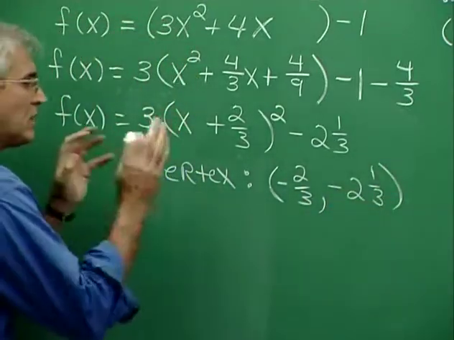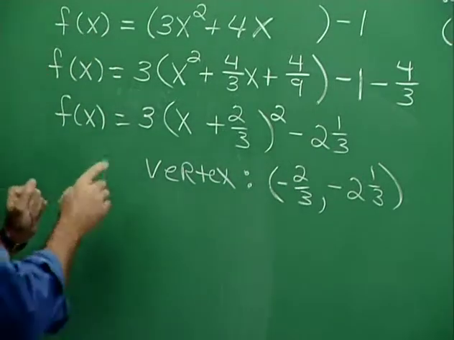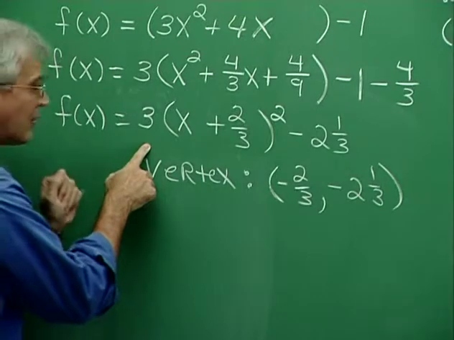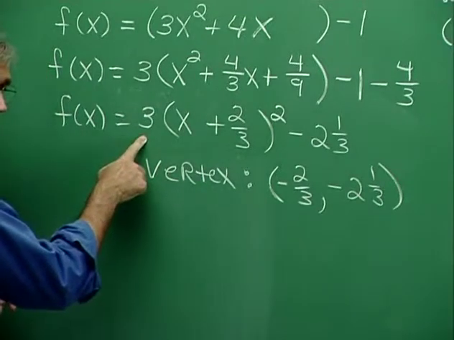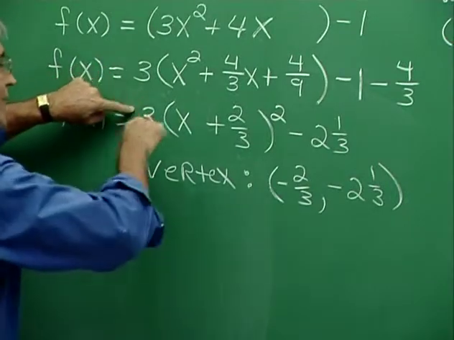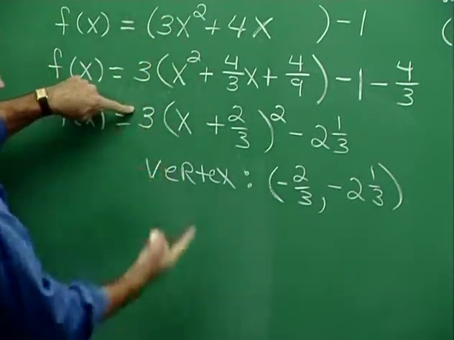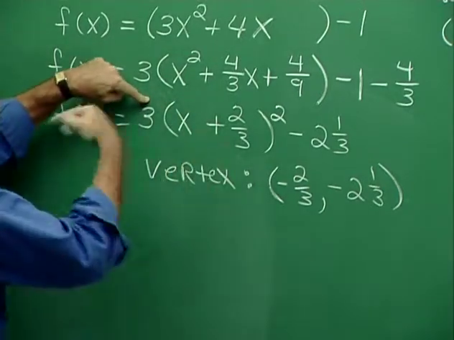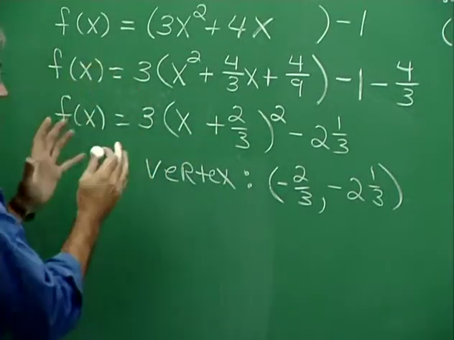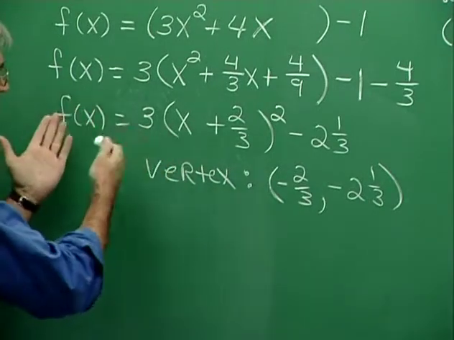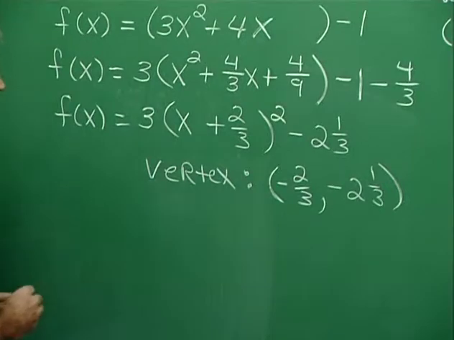And from this position, we know that the graph opens upward because this is positive, and it's really thin because of the 3. So now remember that when this coefficient is positive, the graph opens upward. When it's negative, it opens downward. If this number is larger than 1 or less than negative 1, then it turns out that it's relatively thin. And if it's a common fraction, sort of between negative 1 and 1, then it's relatively fat.